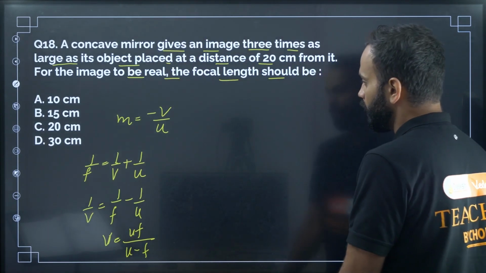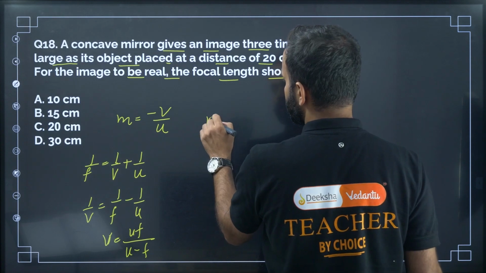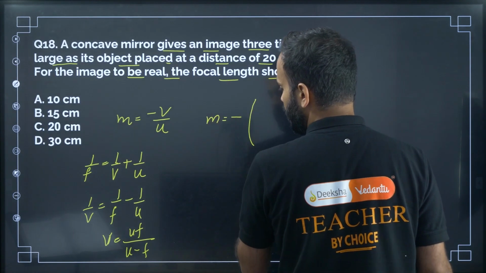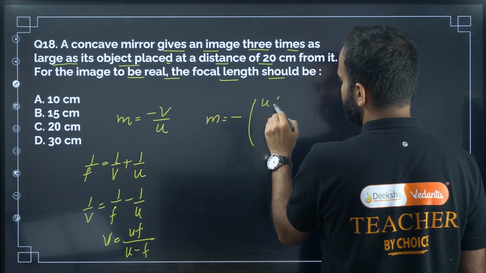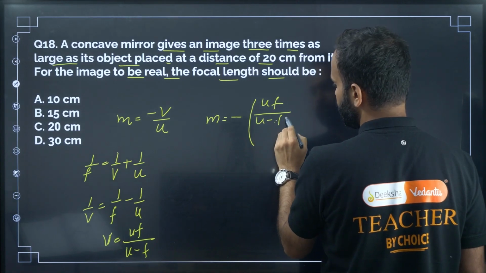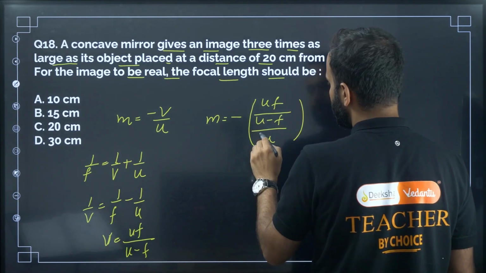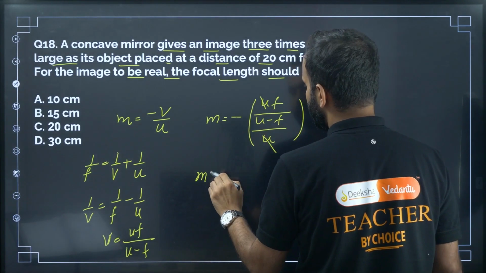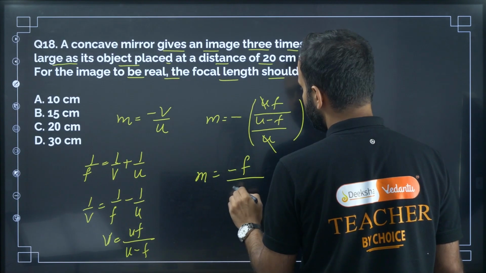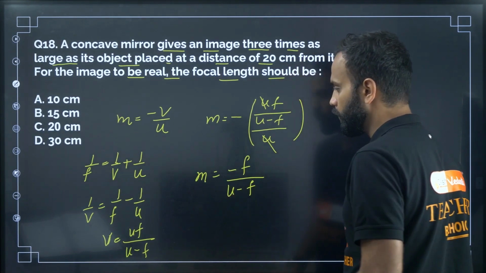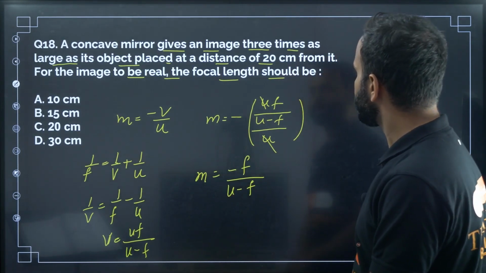So now substitute here m equal to minus of v is uf divided by u minus f whole divided by u. So u will get cancelled. M equal to minus of f divided by u minus f.